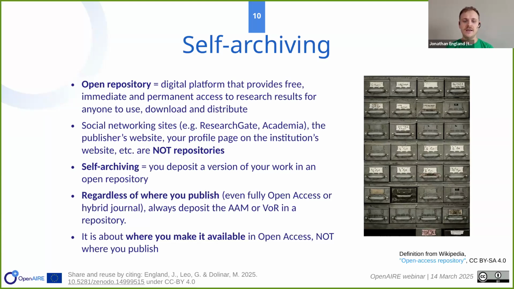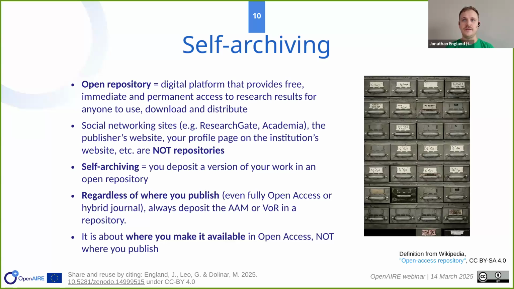And self-archiving is basically you as a researcher, or you ask someone else, to deposit a version of your work, so either the author-accepted manuscript or the version of record, in a repository.